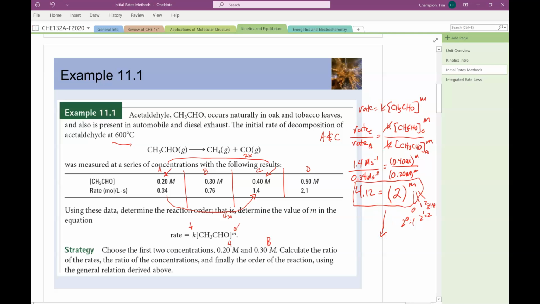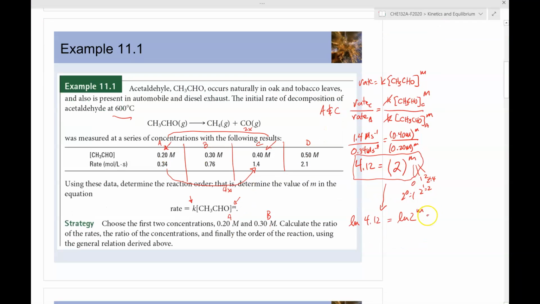If we take the log of both sides, and we can do natural log or common log, that lets us do a little trick. The log of something to a power is equal to the power times the log of something.